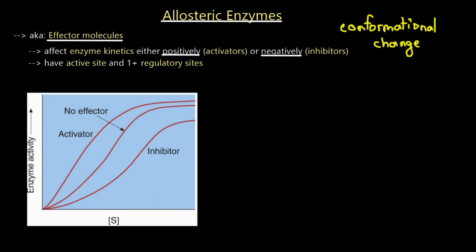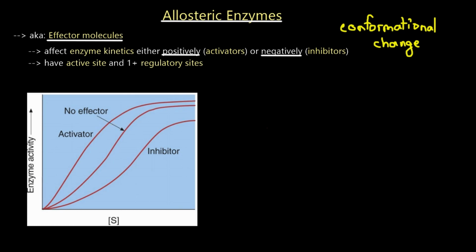And what we have is that in the middle here, there's no effector. That means the allosteric enzyme is going to proceed with its reaction at a normal rate as it typically would without any molecules affecting it. But when the activator comes along, it positively affects enzyme kinetics, which means it produces product at a faster rate.